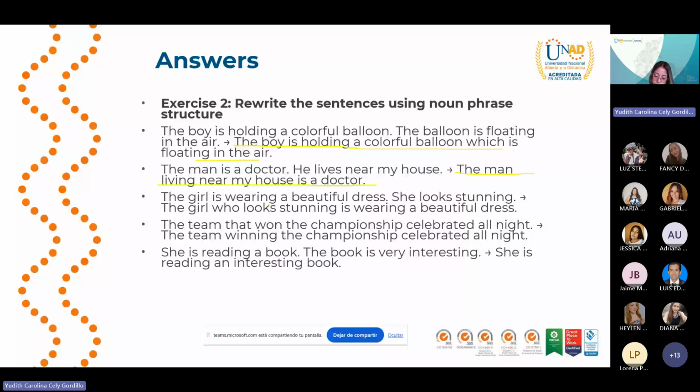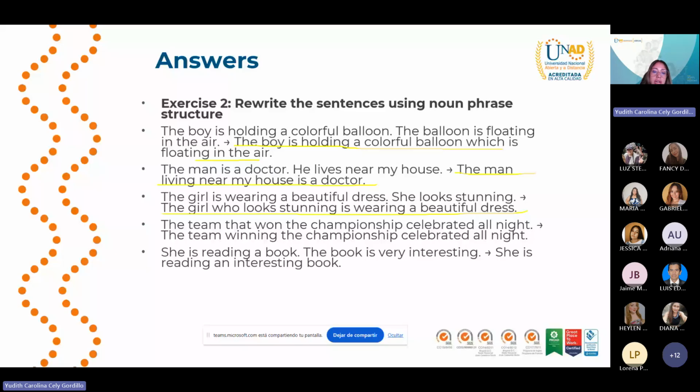Okay, let's continue. And about this, Diana. Diana, let's continue. The next one, the girl. The girl is wearing a beautiful dress. She looks stunning. The girl who looks stunning is wearing a beautiful dress. That's all right.